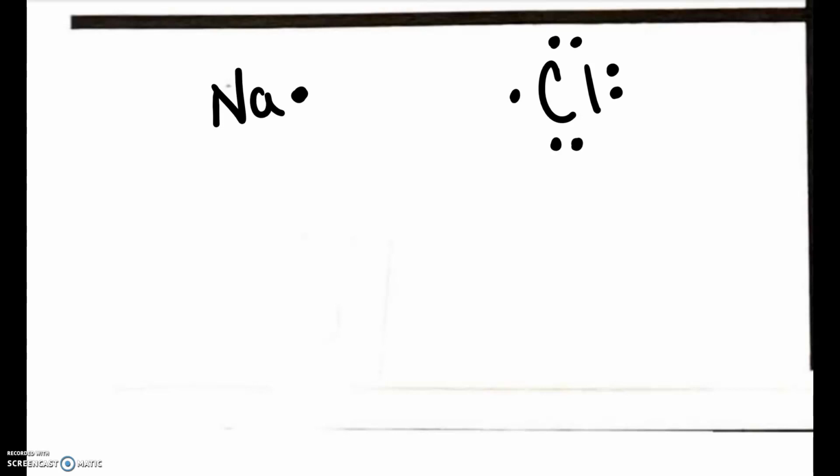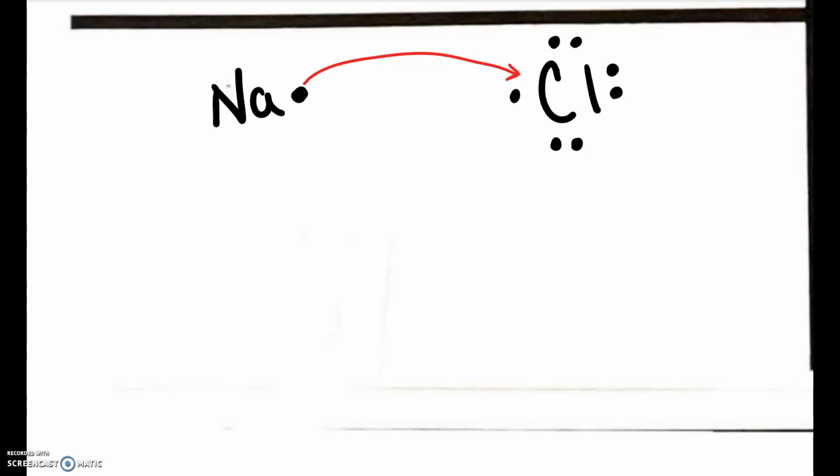Now, when these two atoms come close to each other, chlorine is actually going to steal sodium's valence electron, and it's going to come over here. When chlorine steals sodium's valence electron, sodium is now happy.